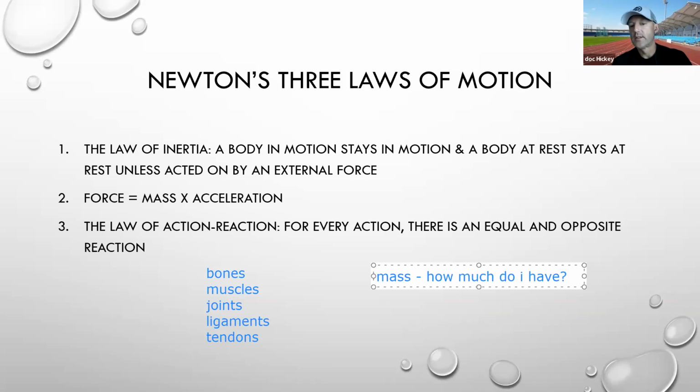If we look at, say, a 20-pound set of dumbbells, I've got 20 pounds in each hand, the mass is going to be 20 pounds. Or if we're looking at humans, if I have a distance runner that weighs 140 and I have a shot putter that weighs 250, well, the shot putter has almost twice the mass. With a shot putter, I almost have twice as much human as I do with that distance runner.